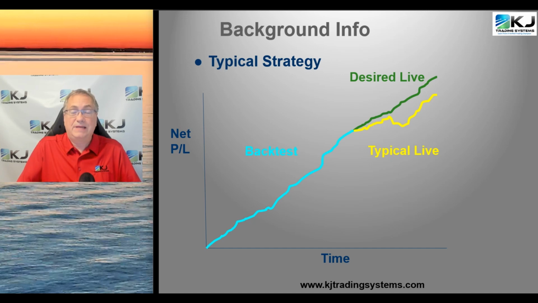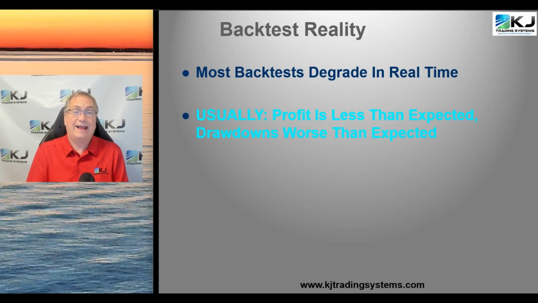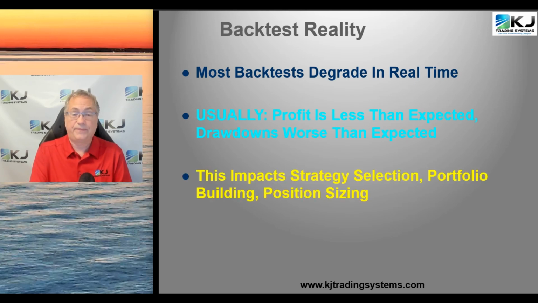The profits could be less and the drawdowns could be more. So that's important to realize when you go from back test to real-time trading. Most back tests are going to degrade in real time. Not all of them, but a lot of them will. And like I said, what that means is profits are going to be less than expected, and the drawdowns are going to be worse, either in magnitude or in duration, maybe both.